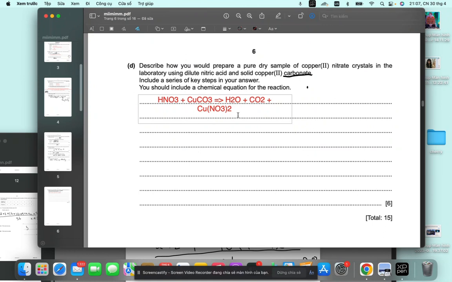So here we have prepare a dry sample. So we prepare nitric acid and copper carbonate. We mix them together.